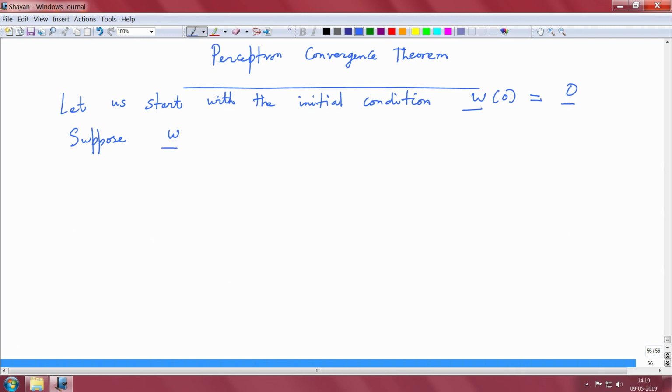Suppose W transpose x_n is less than 0 for n equals 1 to so on, and x_n belongs to class C1. If it belonged to class C1, this inner product had to be greater than 0.